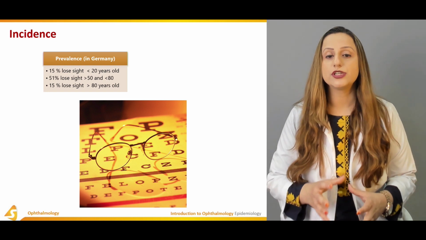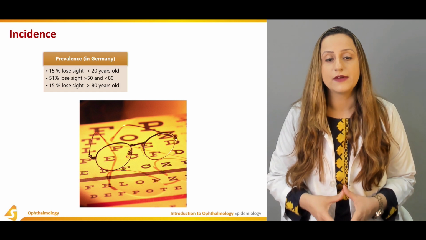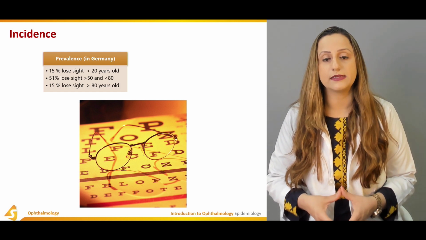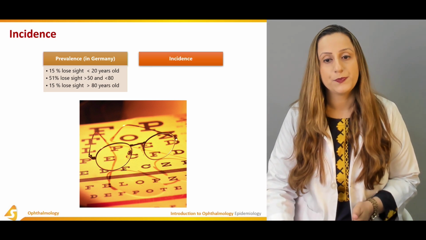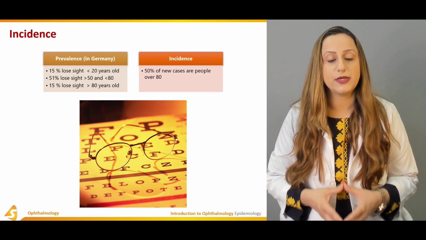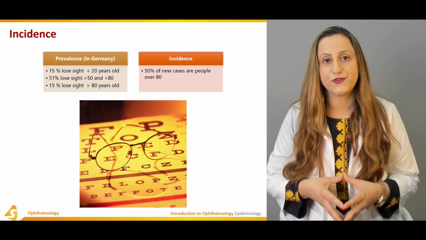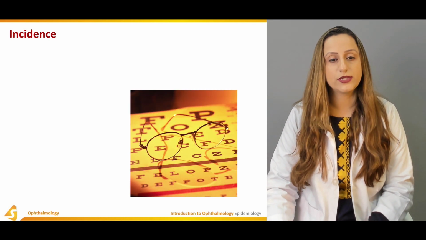That is basically ranging from almost more than 50 and less than 80 years old. And then we have 15% lose sight, and that is most prevalent in people who are more than 80 years old. So the incidences, if we have a look at it, 50% of new cases are people over 80 years of age. So this is the common incidence that is seen quite commonly.